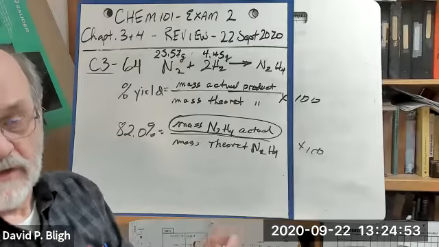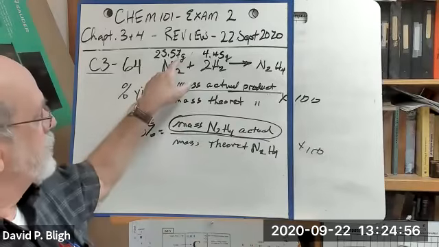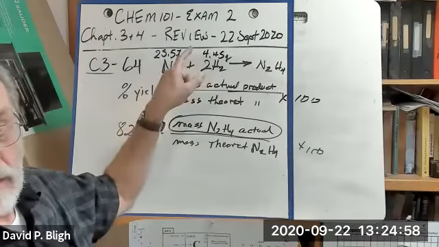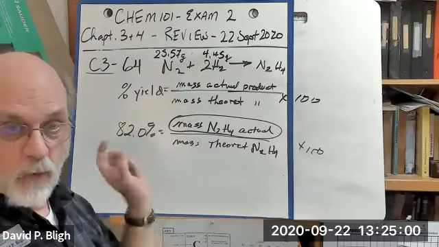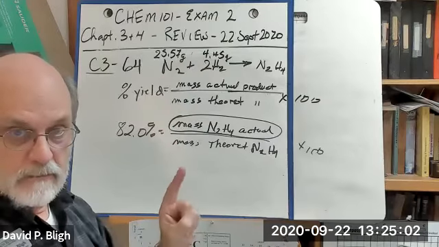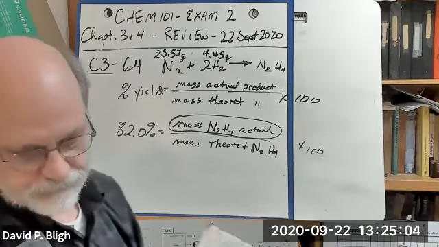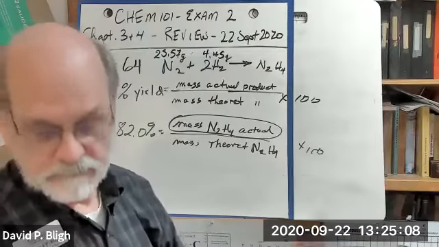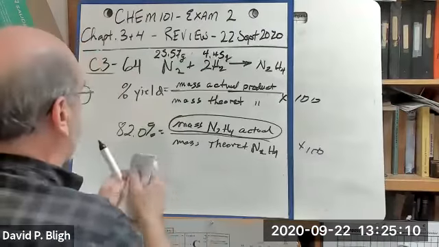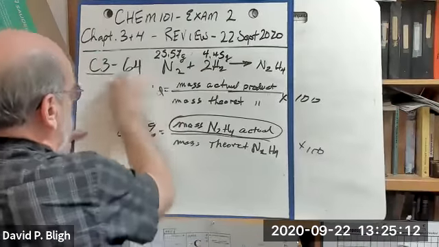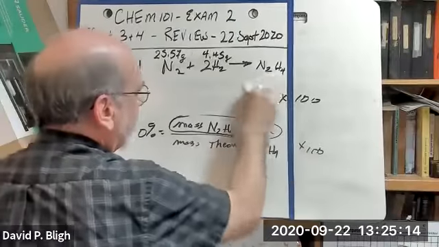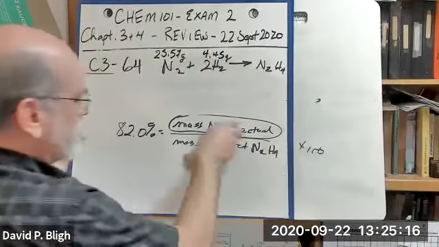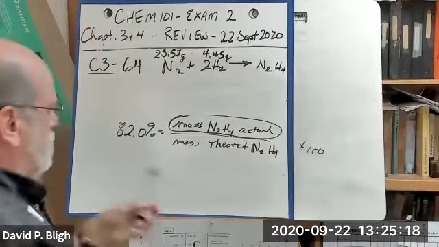Since you're given exact amounts of this one and that one, you should always suspect one of them is limiting. So I'm already into it. We might as well do it. We'll leave that there as long as we can.